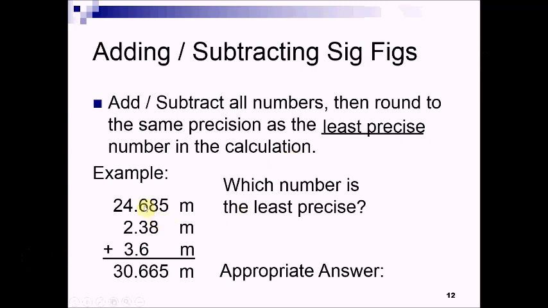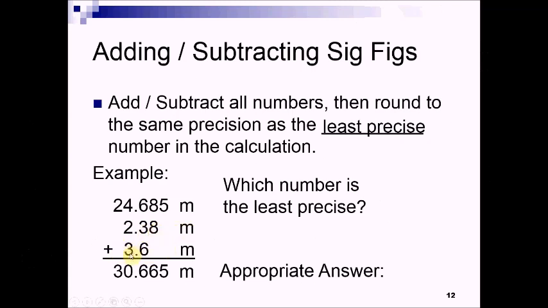So let's say these are all distance measurements. Maybe we've got a fencing company and we've got 3 people working and they've got different materials. We need to know the total length of fence we have. Somebody tells us they've got 24.685 meters of fence. The next guy says he's got 2.38 meters worth of fence.